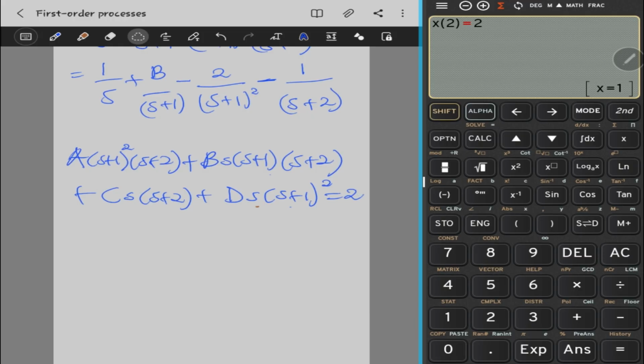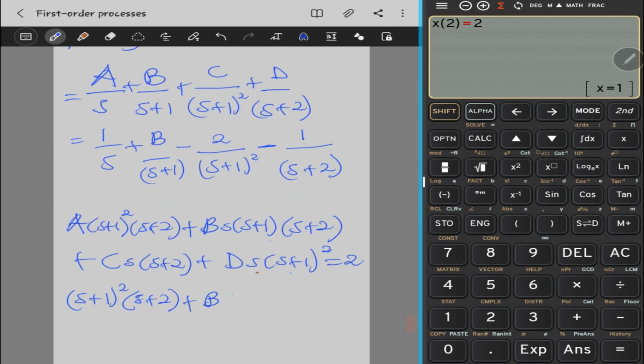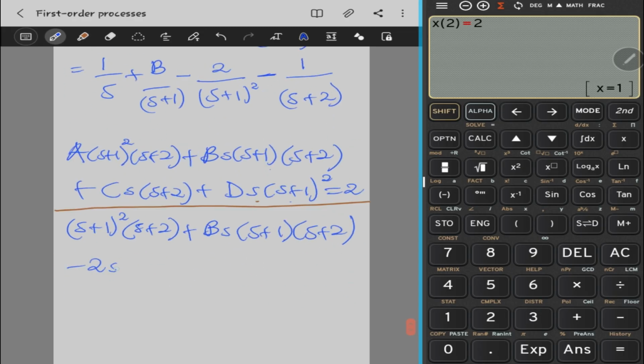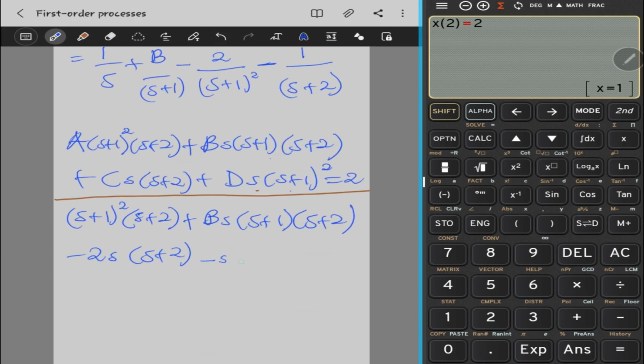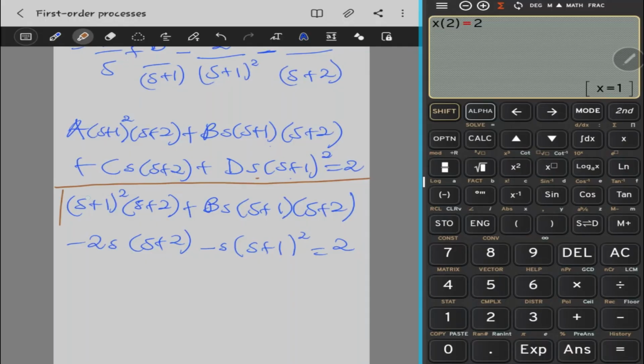We know that a is 1, so when we expand this, we get what? We are going to expand this step by step.